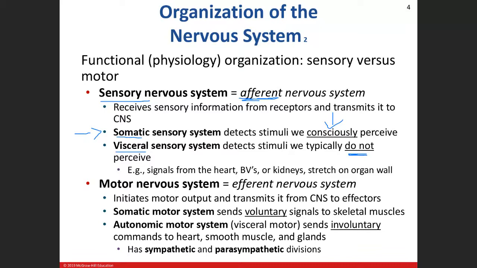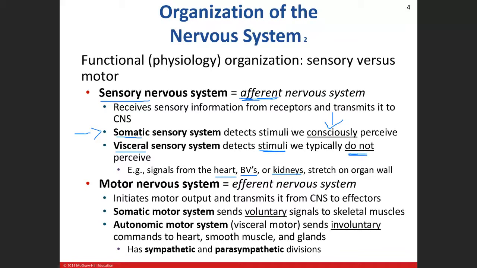So the visceral sensory is going to detect stimuli that you are not consciously aware of. So that's going to include heart rate, blood vessels vasodilating and constricting, your kidney output. If you're excreting more sodium in your urine compared to calcium, you will not notice that.